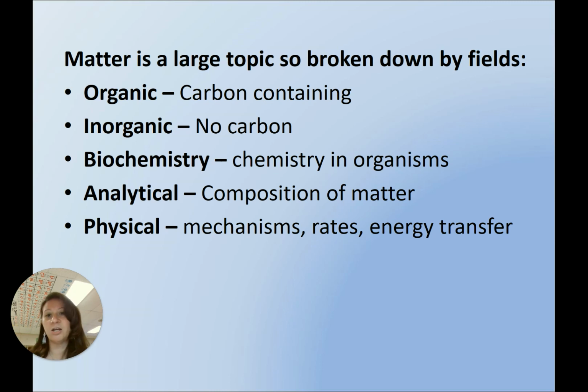And so you and I are made of organic substances. Anything that you eat is made up of organic substances. Lots of textiles, plastics, medicines, a lot of different things are organic, and so there's lots and lots of organic chemists.